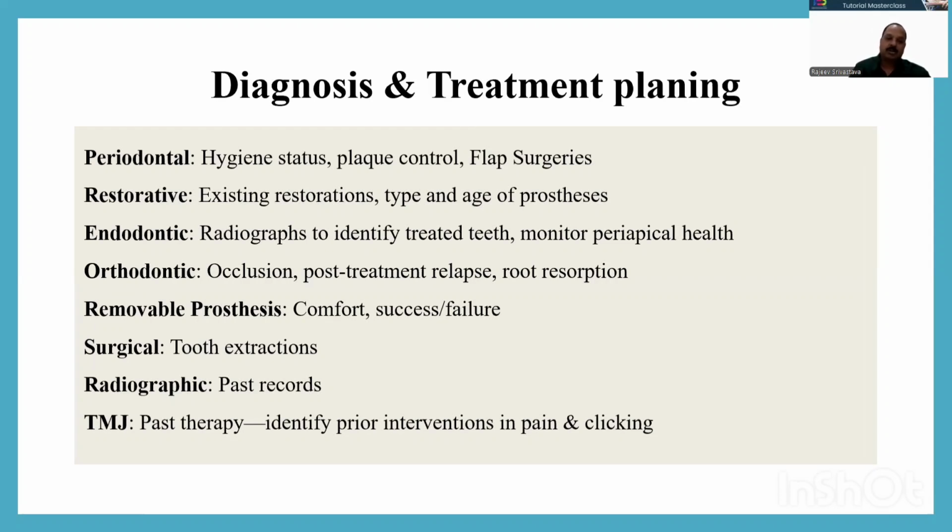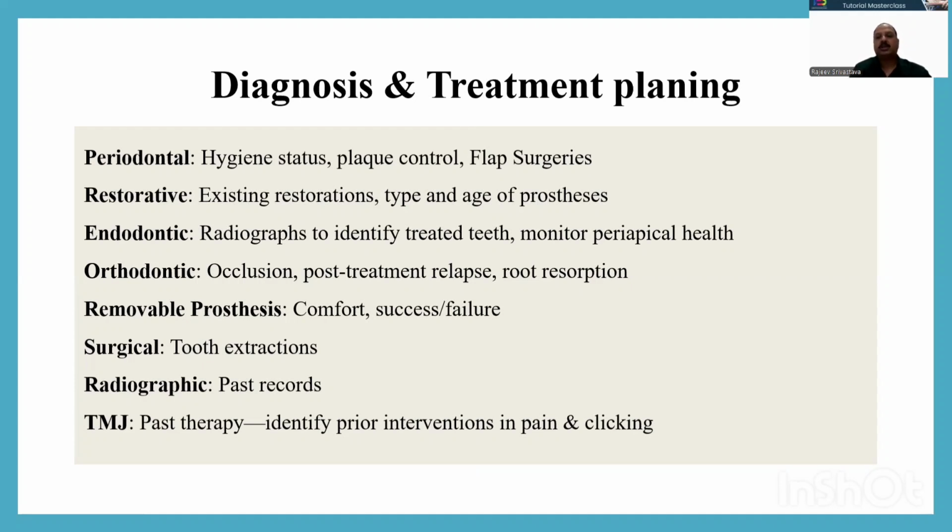And restorative dentistry: what is the existing type of restoration, the type and the age of the prostheses, if any prostheses are present, and what is the current status of the prostheses as well as your abutments. Then endodontic evaluation, that is to identify the treated teeth and to monitor the periapical health. And then if everything goes fine, only then will you proceed with your fixed partial denture. If any correction has to be done, it has to be done before beginning the procedure.